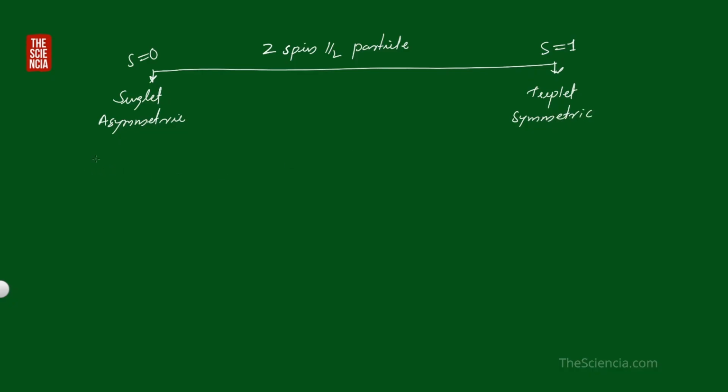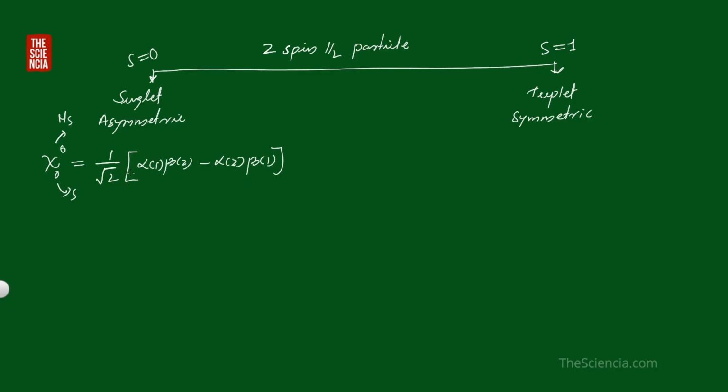And we got the wave function for singlet state, that is chi 0, 0. This is the representation, and this one is ms value and this is s value, right? That is equal to 1 by root 2 times alpha of 1 beta of 2 minus alpha of 2 beta of 1.